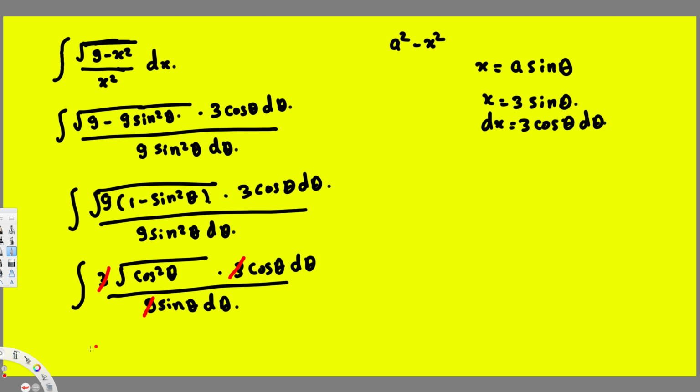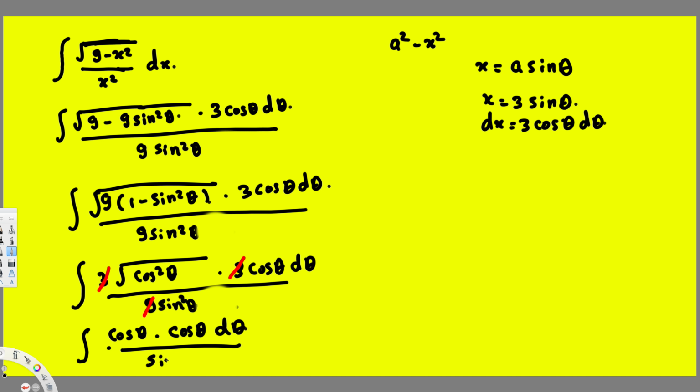Now let's get rid of this square root. So this is going to give us the integral of cos theta over sine square theta, right? And also we have another cos theta d theta.